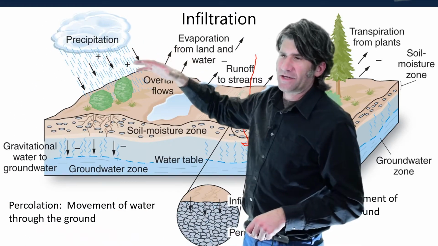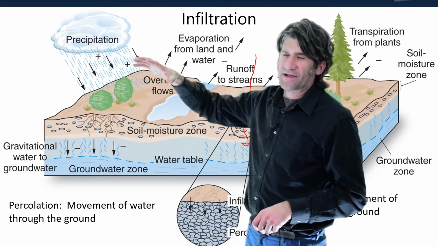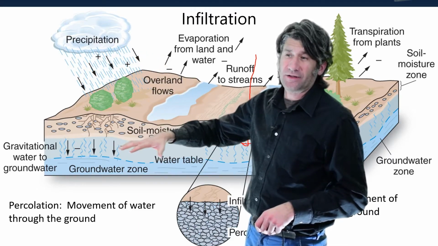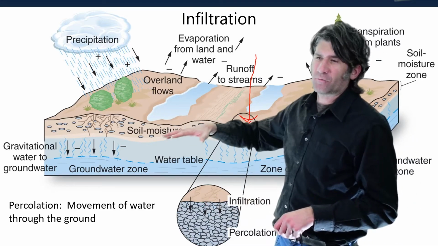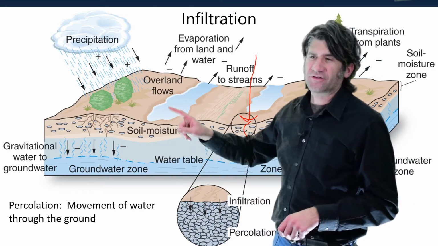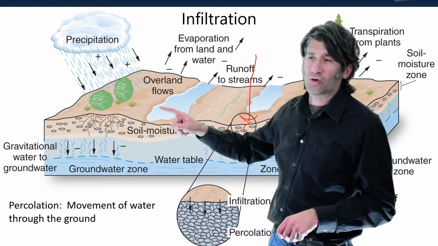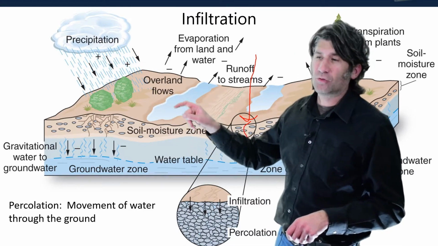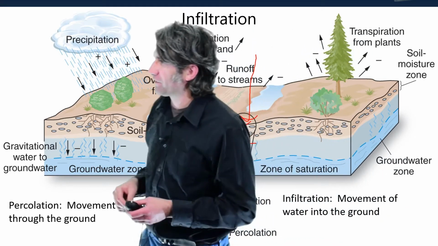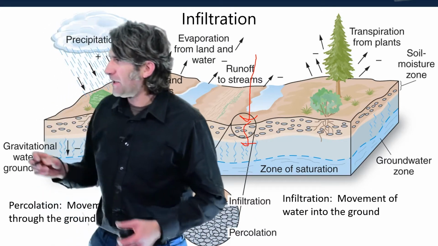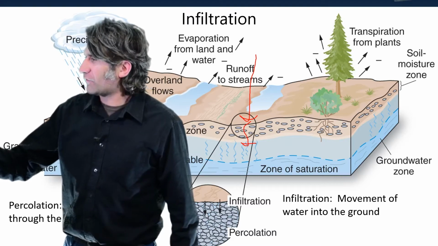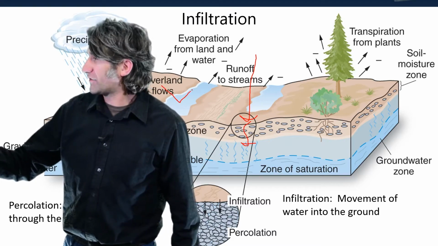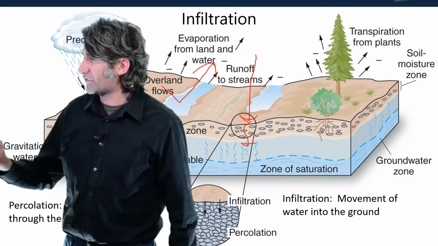Depending on the rate at which we have precipitation landing on the landscape, and depending on that infiltration rate, if it rains harder than we can infiltrate down into the soil, we're going to end up with what we call overland flow, where we pool water at the surface. Another part of our water balance is once that overland flow makes it down into the river, that's runoff going down in streams.